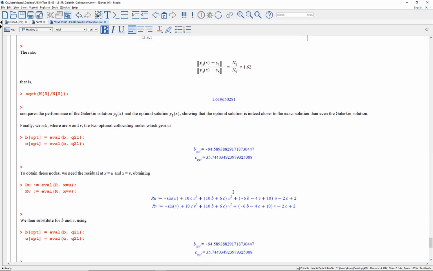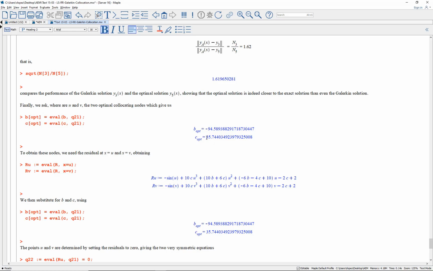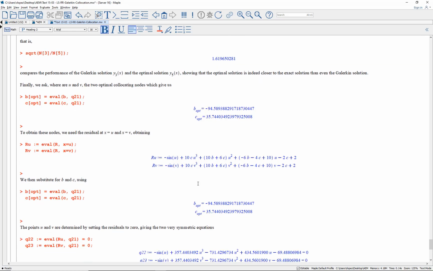So, can we work backwards to obtain these two values for the constants B and C by choosing the correct collocation points?